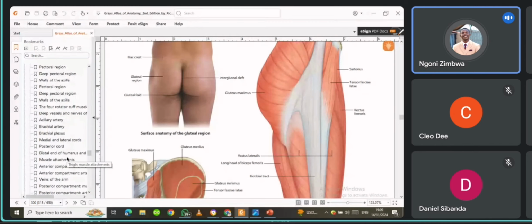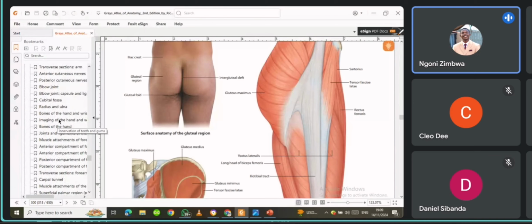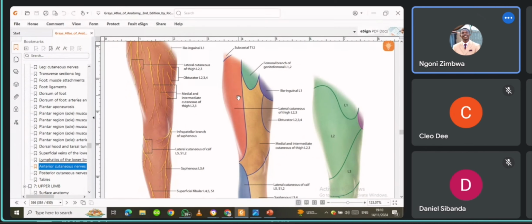Let me just do this for you to see. The femoral nerve sends cutaneous branches. This is your medial; the intermediate supplies this region, and the medial supplies this region.